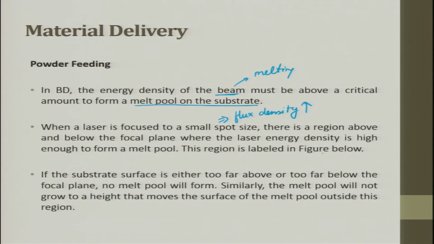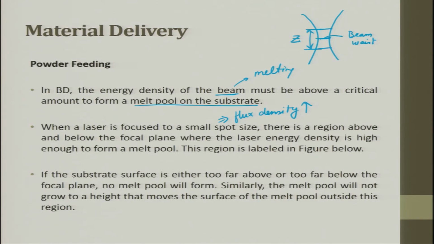This region is labeled in the figure. Okay, we will see the figure. So what are we talking about? This is the laser beam, and this is the beam waist, and this is what is above and below the focal plane. We have a small area, but this Z will be too small, in a few millimeters.